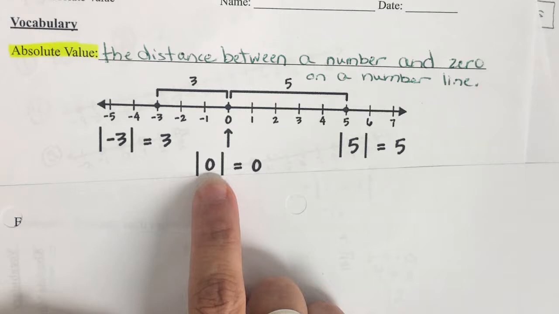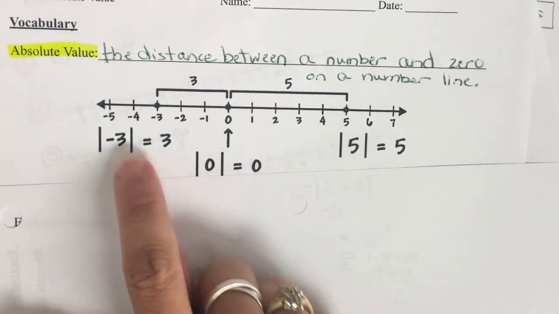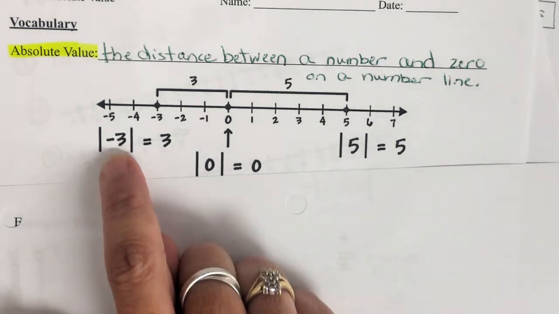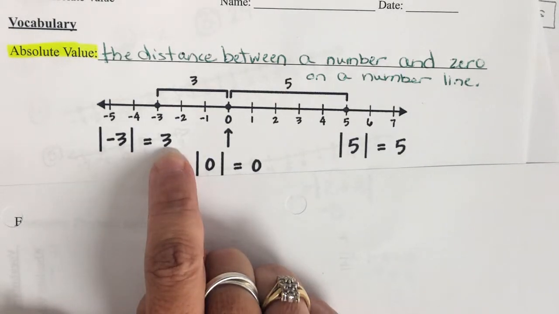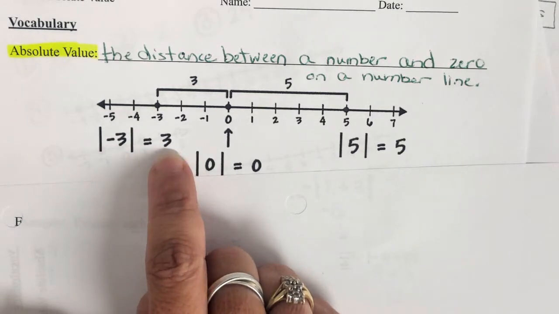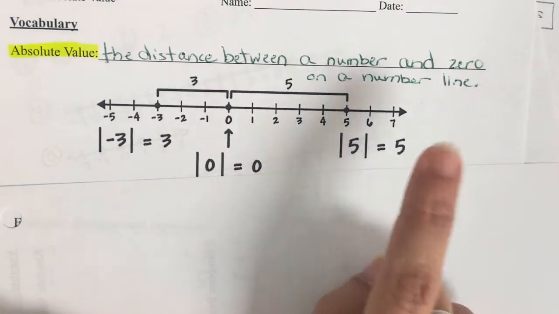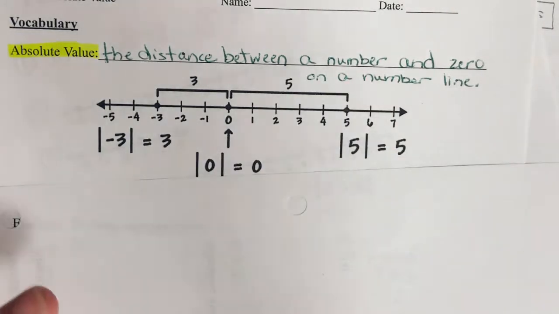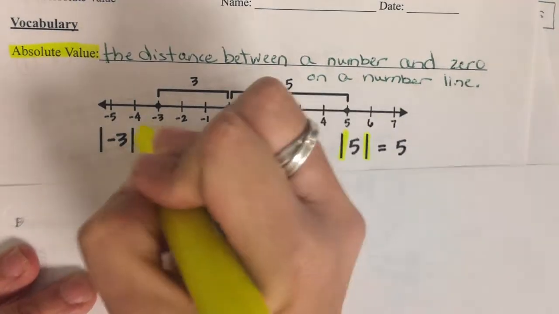Okay, how far is 0 from 0? 0 is kind of silly. Okay, -3. What is the absolute value of -3? 3. So all we're doing is, if it's negative, change it to a positive. If it's positive, keep it positive, but it's only when, hint, hint, stuff is inside these bars.